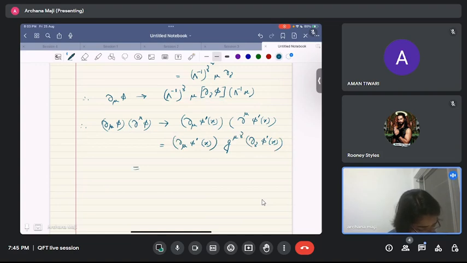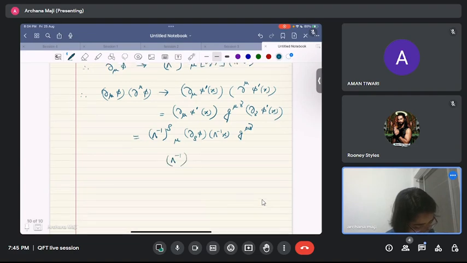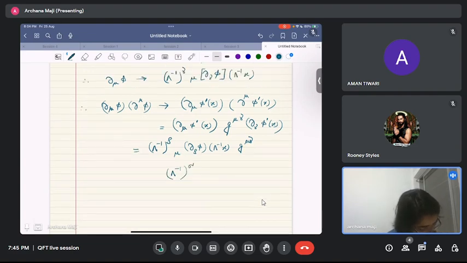So this is equal to lambda inverse rho mu del rho phi, let me use a different index, then lambda inverse sigma nu del sigma phi.